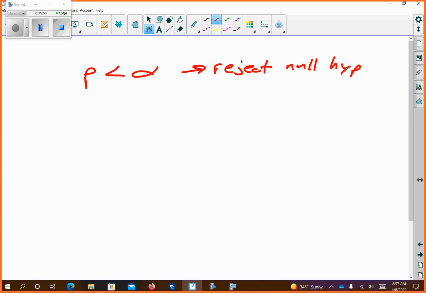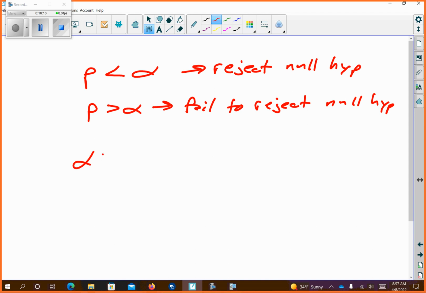Otherwise, we fail to reject the null. So if p is greater than alpha, we fail to reject the null. In this case, a reasonable value for alpha is 0.05.